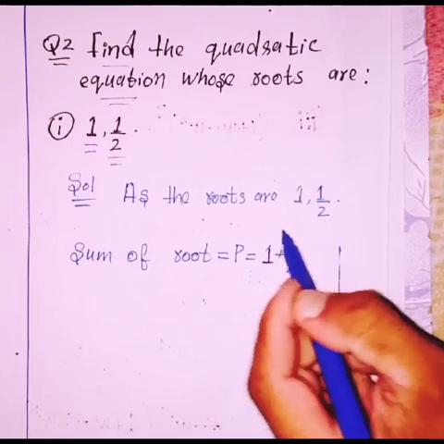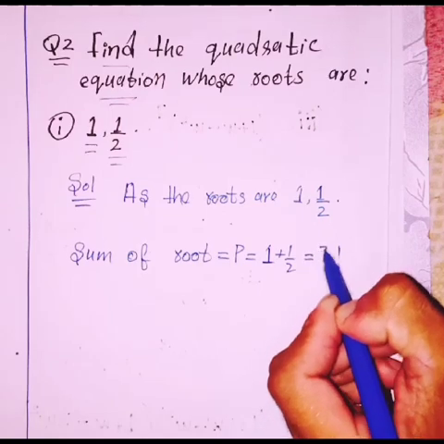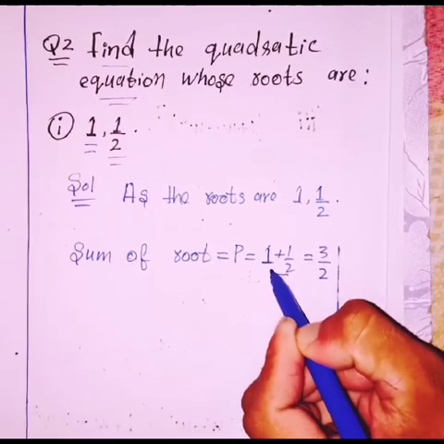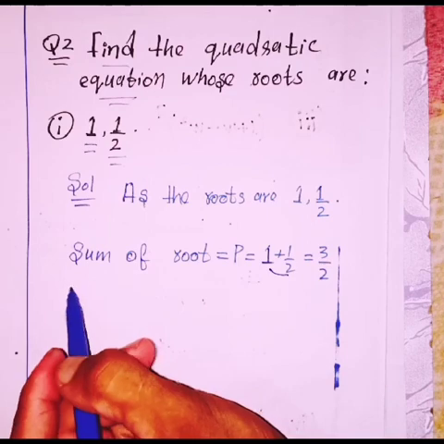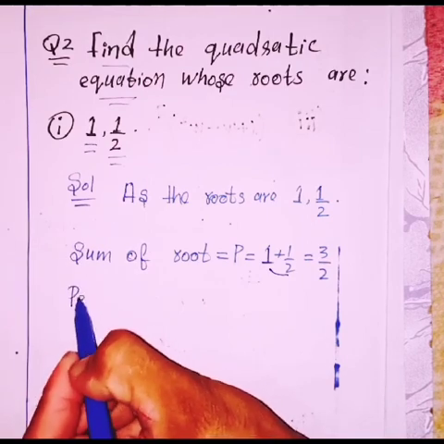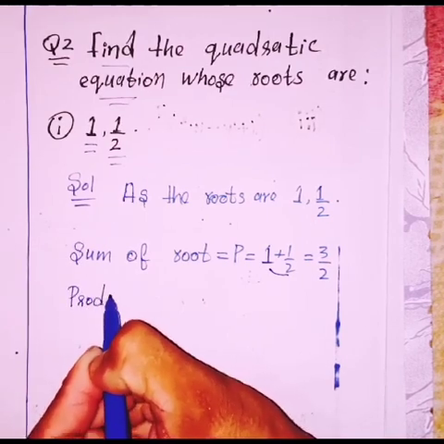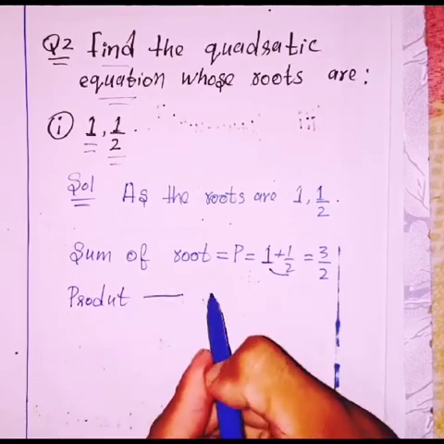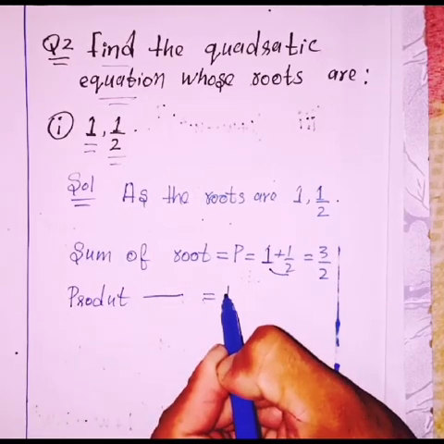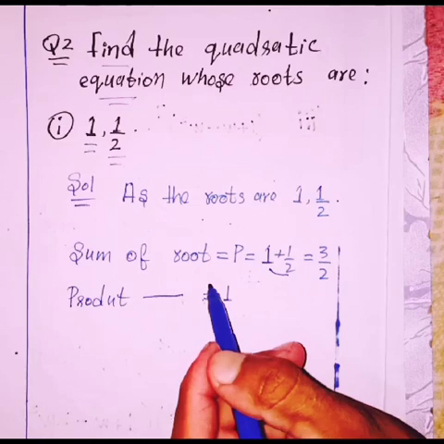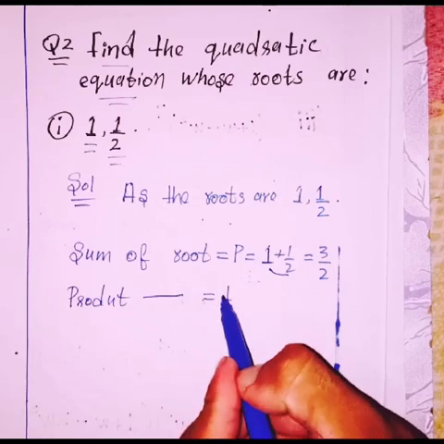So from here we get 3 over 2, and the product of roots is simply 1 over 2, because 1 into 1 over 2 is equal to 1 over 2.